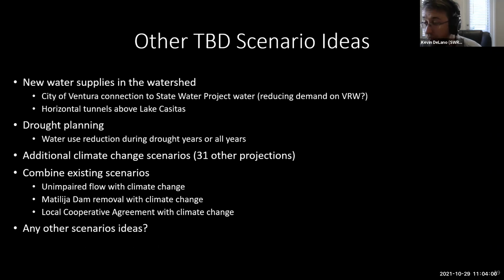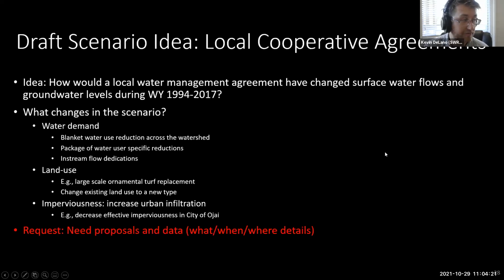That could be a scenario, an in-stream flow requirement. That could be a scenario that has a balanced flow objective. So not the full CDFW flow recommendation exactly as is, but something that is balanced. And with something like that, we have to recognize that if we're going to regulate water use, there are some restrictions.